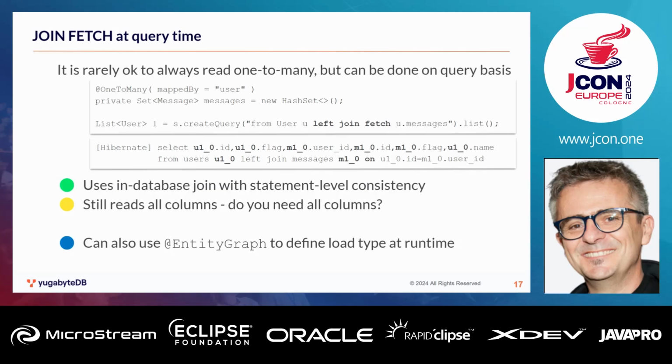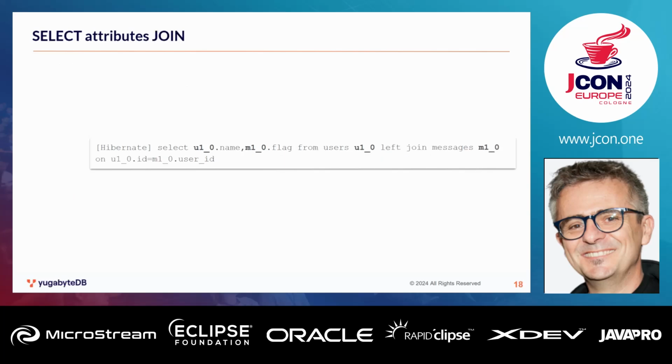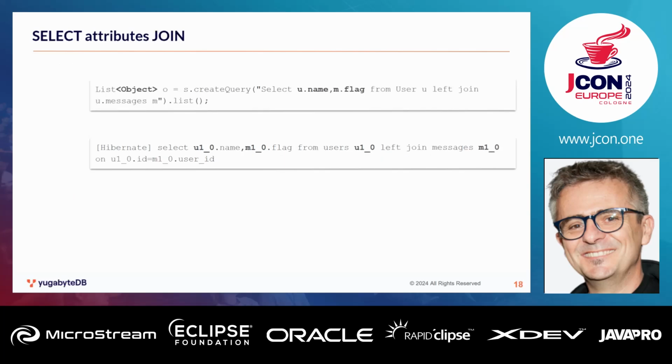You also have an alternative. You can use entity graphs, where you define the different graphs that you want to read, and then instead of building a specific query, you just mention which graph you are using.